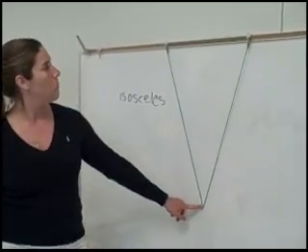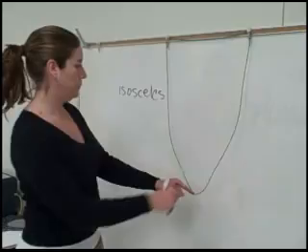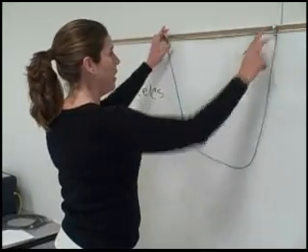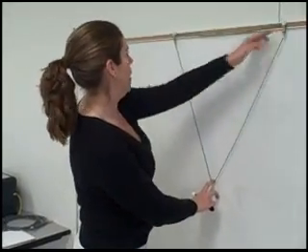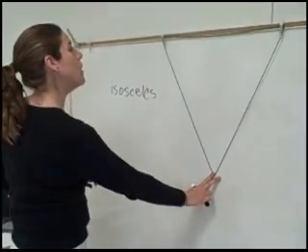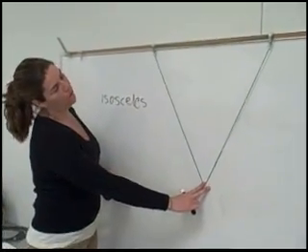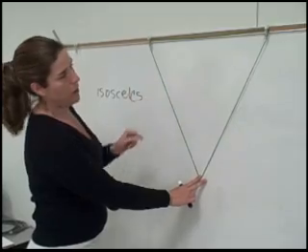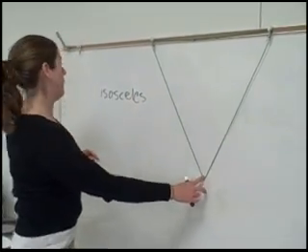Okay. Can you make another kind of triangle? I'm thinking if I made all three of them equal. Oh, okay. So I've got three equal lengths. And what's that called? That's called an equilateral triangle.